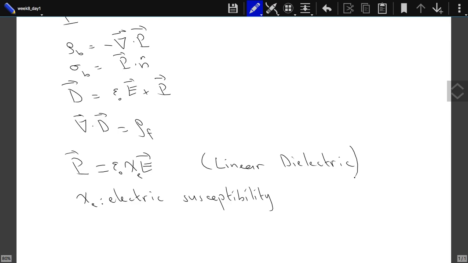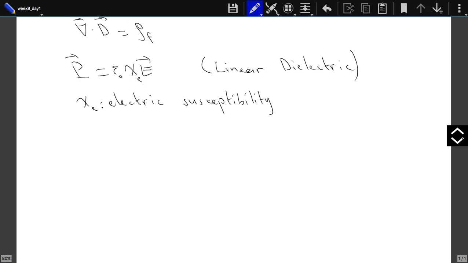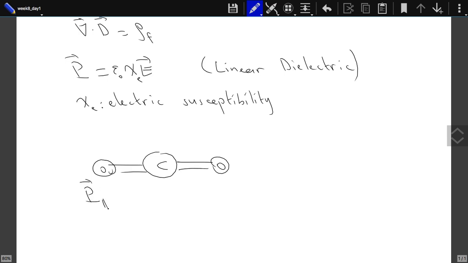Now, why doesn't it work all the time? Well, let's see. Consider some molecule, not a simple atom, but a molecule like carbon dioxide. We have the carbon here, oxygen here, and another oxygen over here. Now, if you apply an electric field in this direction, parallel to the axis of your molecule, the polarization parallel to the axis will be easier.